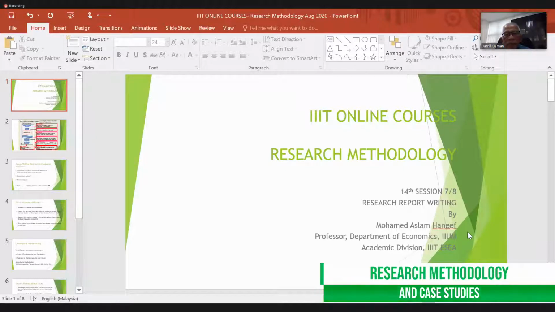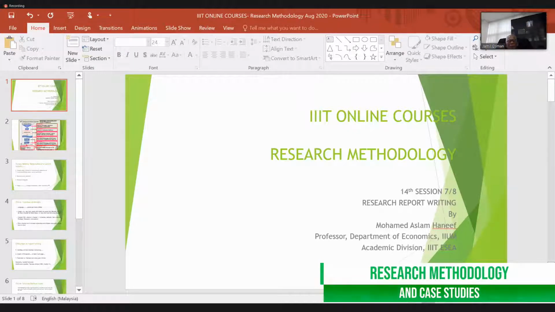I will be focusing on thesis, although I'm sure anybody who Googles this topic can find so much material written on report writing. If we were talking about report writing, there would be incredible amounts of literature available. And even in the case of research report writing, there are so many different write-ups and videos, and really, I think everybody today is so lucky to have all this material to guide you.